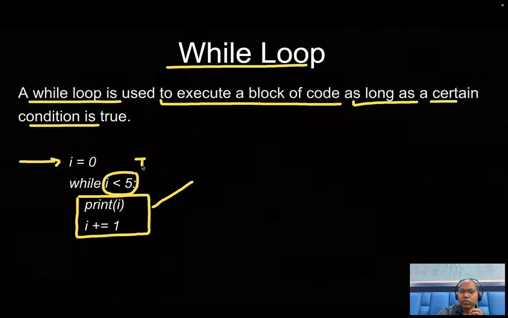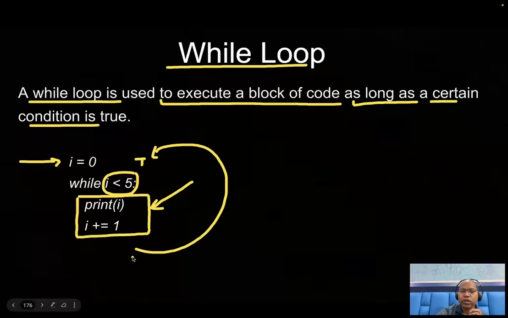If the condition is true, then go and execute this code, and again come back and test. If this condition is true, then again execute the code. Again come back, this condition is true, again. Until this condition is false, the block of code is executed. Once the condition is false, it is going to execute the next steps, the next block, whatever you have written in the code. This is a very simple way to write the code.